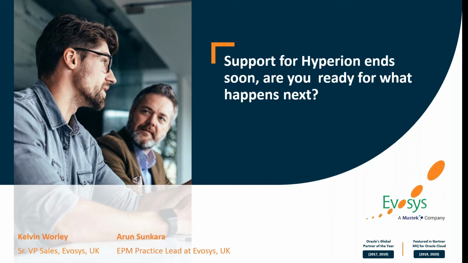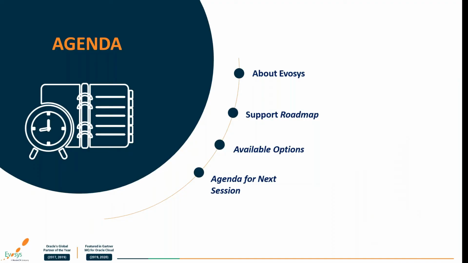So if you can just flick to the next slide, Arun. A very short introduction, really, and then it is very much talking about what the roadmap is for Hyperion now, the available options, the pros and cons of some of those options, and at the end we'll outline another session that we're organising, which goes into a bit more detail and has a presentation along with it.